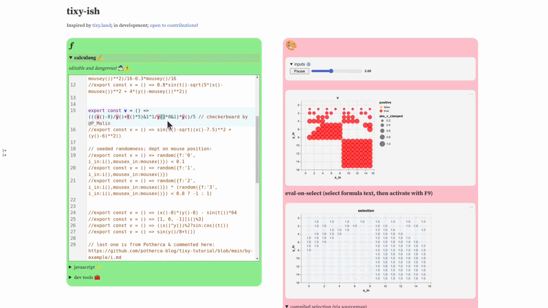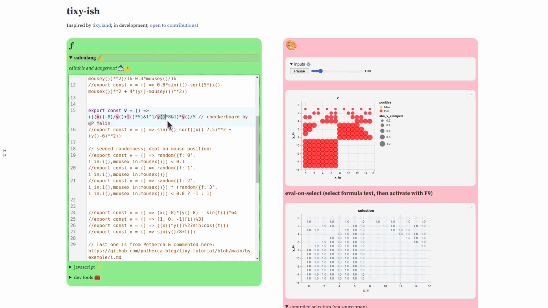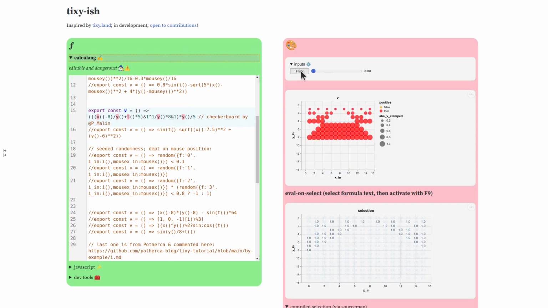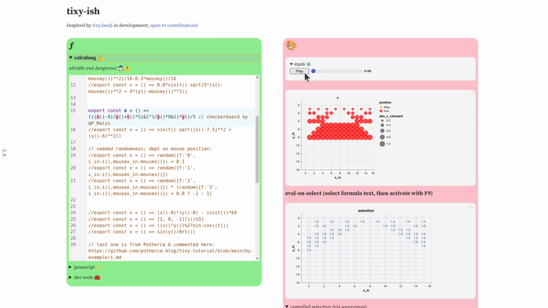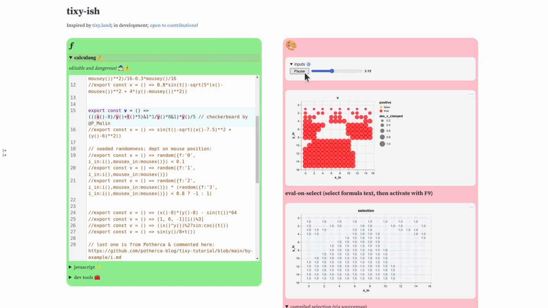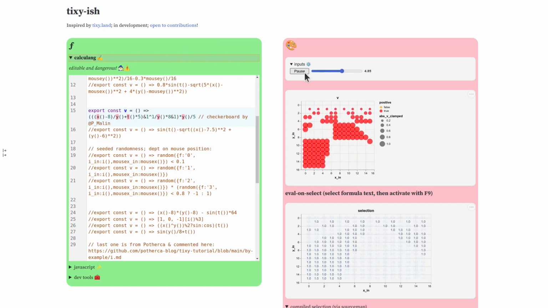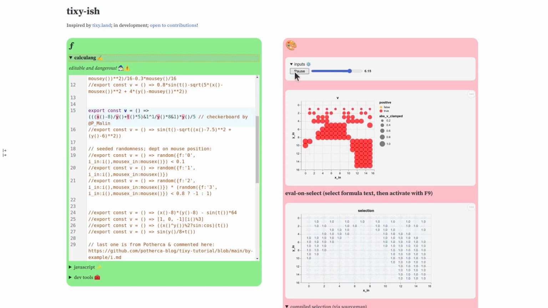But that whole possibility of evaluating little bits safely is only reasonable because we don't have side effects and we have purity. So the same inputs going into a formula give us predictable outputs. So it's safe to recalculate it as we're trying to figure it out, as we're trying to look at it in different ways.